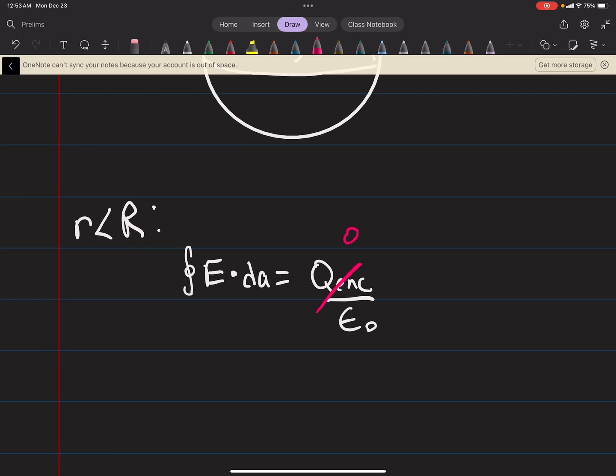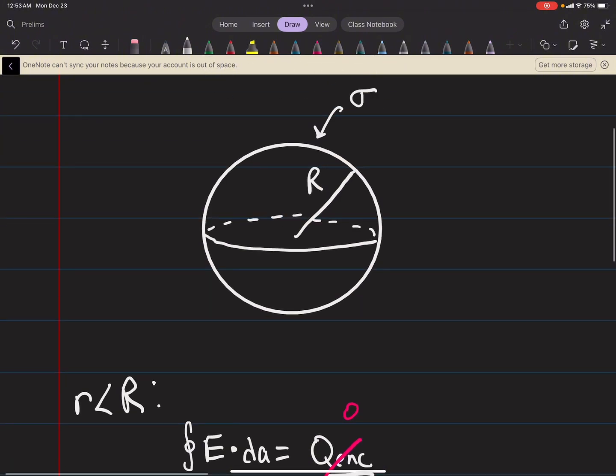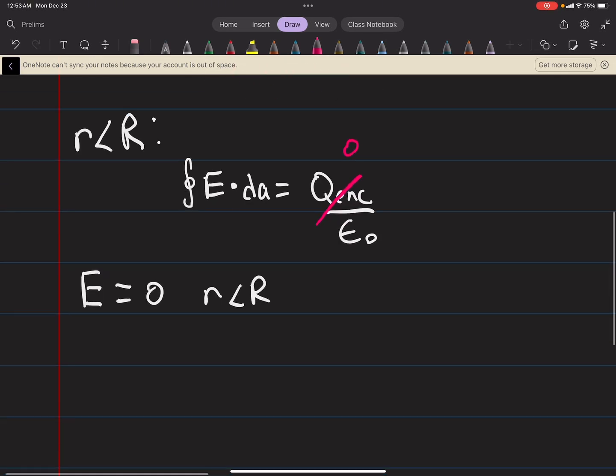This means that your electric field equals 0 for r less than R. I'm going to just draw a little Gaussian surface here.